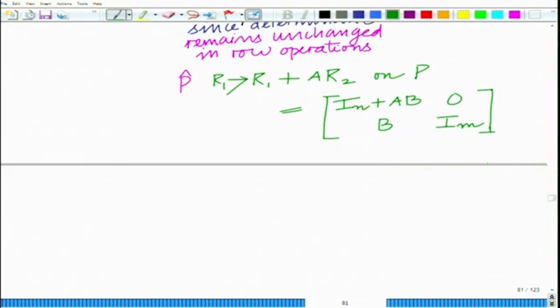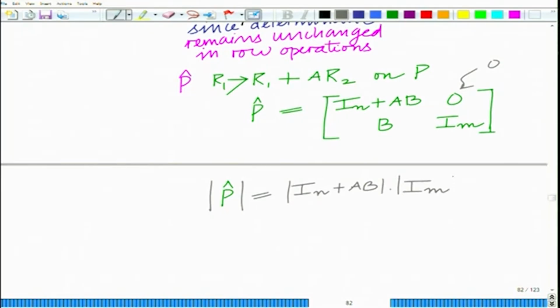And so this is your P hat, and now if you once again formulate the determinant of P hat, because this block is 0, that is going to be simply the determinant of I n plus A B times the determinant of I m.